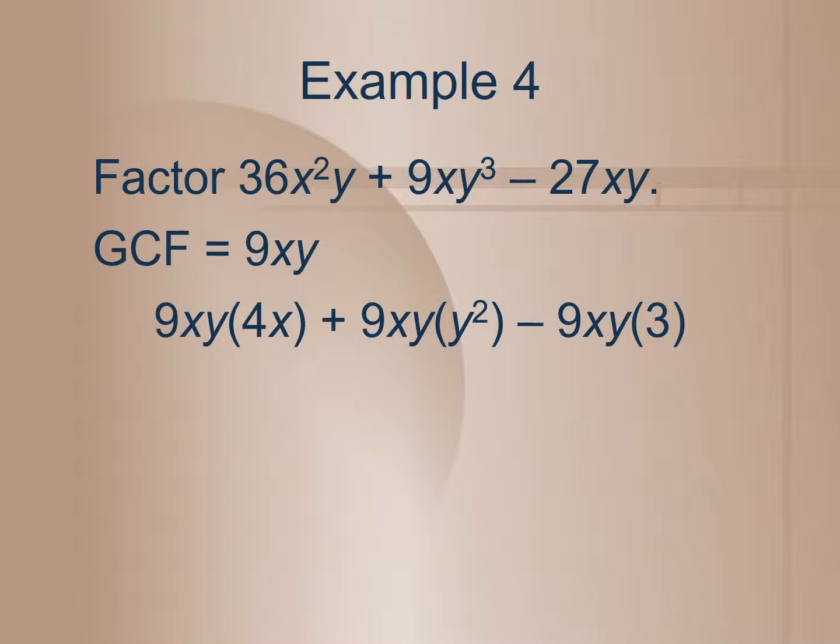And then if we factor out a 9xy from 27xy, we're left with 3, so that way we can get 9xy times 3 and get back to the 27xy. So when we take this 9xy and factor it out, we're left with 4x plus y squared minus 3.